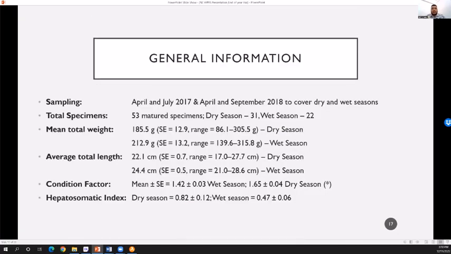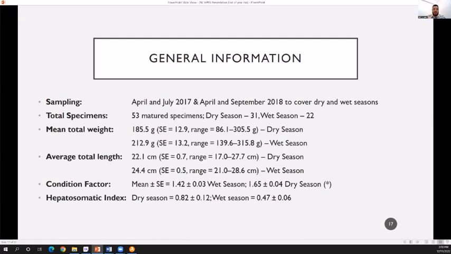We sampled a total of 53 matured thumbprint emperorfish, and we considered the 2 seasons in Fiji: the wet season, November to April, and the dry season. Here are some of the data that we found for the mean total weight, the average total length, and the condition factor, which is a general reflection of the overall health of the fish.